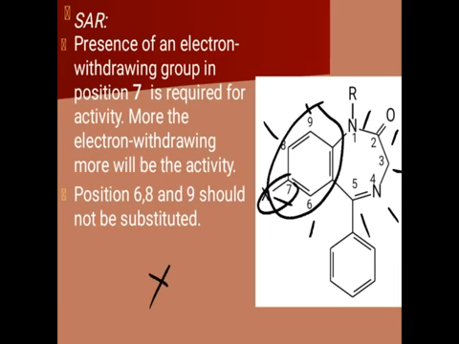If at the 7th position it is unsubstituted or electron donating groups are present, like a methyl group, what happens? It disturbs the resonating structure, it disturbs the stability of the structure. Hence, they will decrease the activity. So there must be an electron withdrawing group at the 7 position.